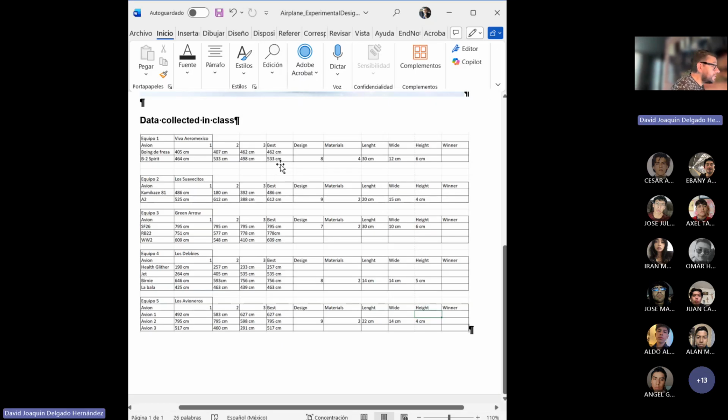The best distance recorded here was 532 centimeters. Then in the second team, Los Suavecitos, the best airplane was B2, A2, sorry, and the best distance recorded was 612 centimeters, and so on.